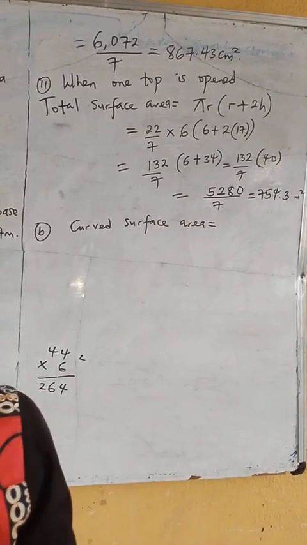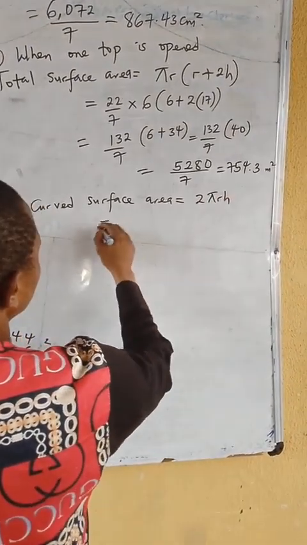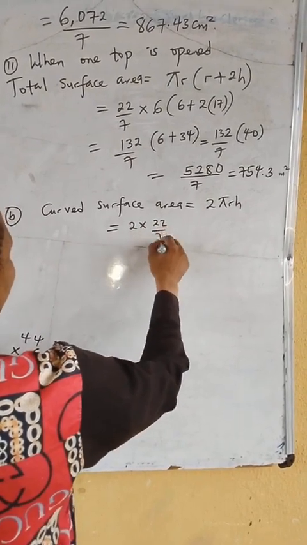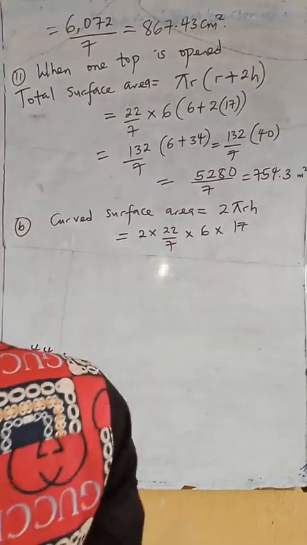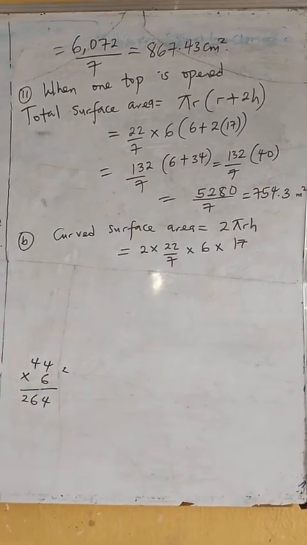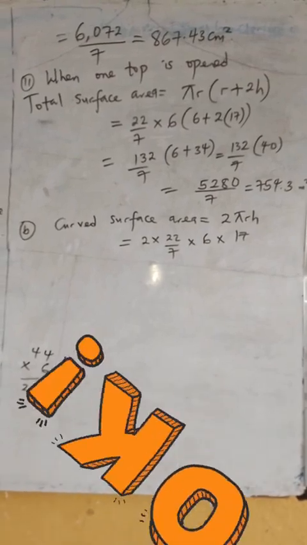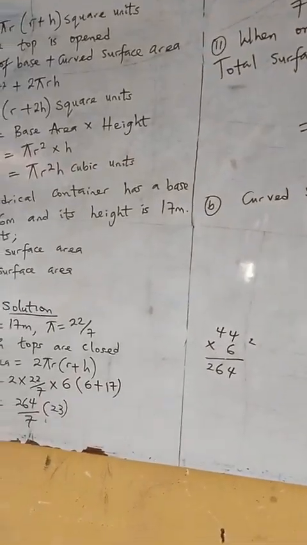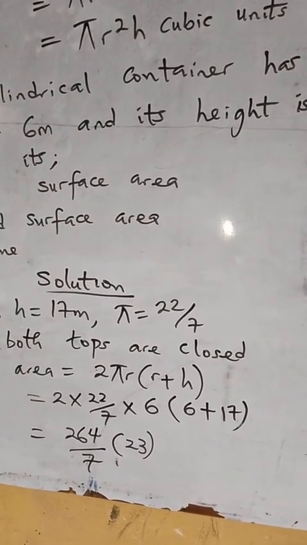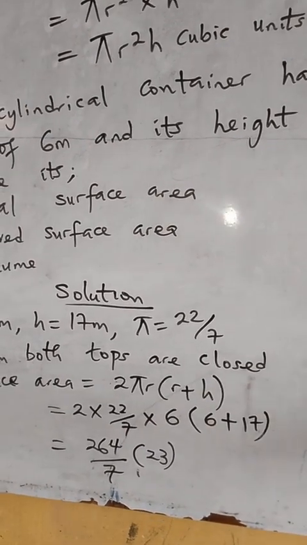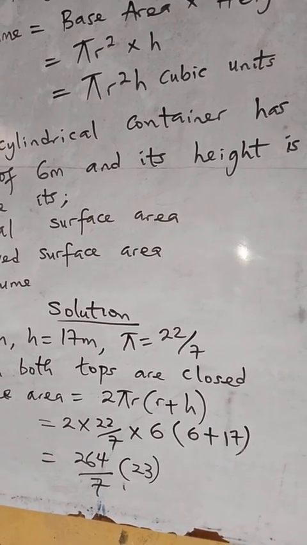So let's solve the second aspect, which is curve surface area. And the formula for curve surface area is 2 pi r h. So we are going to have 2 times 22/7 times 6 times 17. So we are going to use our calculator to do that. 2 times 22 multiplied by 6 multiplied by 17.